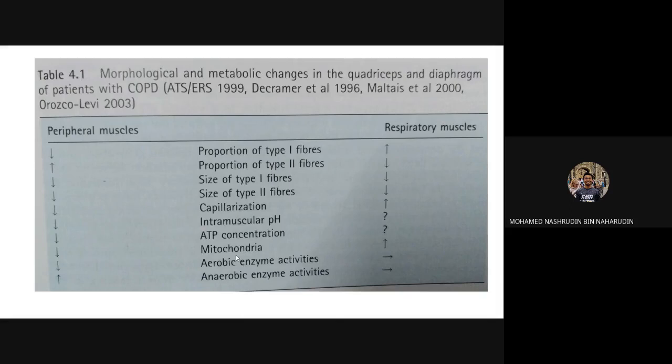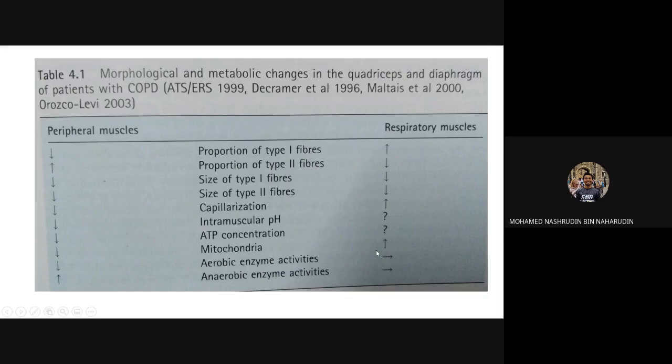So when it becomes less efficient, the buffer system also becomes less effective. Hence, you will get lower intramuscular pH among COPD patients. And then ATP concentration also reduces in peripheral muscle, but no findings have been shown in respiratory muscles.